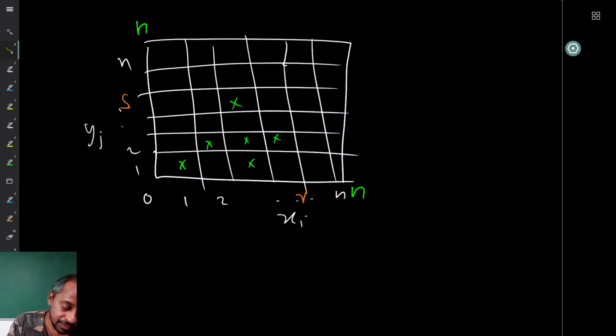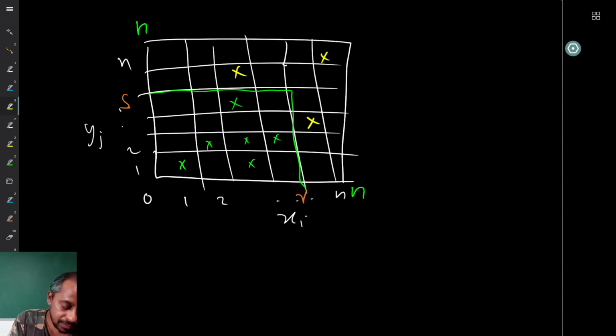So therefore, even if you fill up all these boxes with crosses, you will still have some cross that must appear outside this box. It can appear either here, or maybe here, wherever.